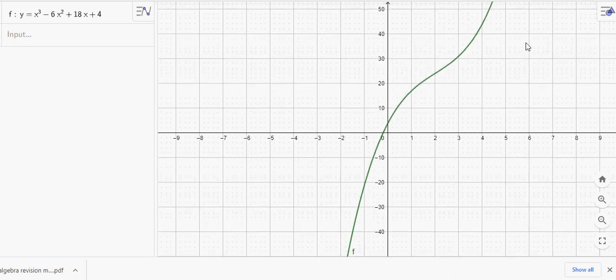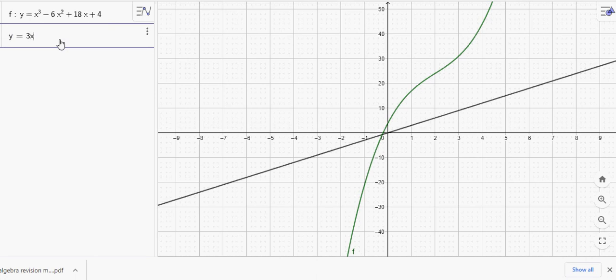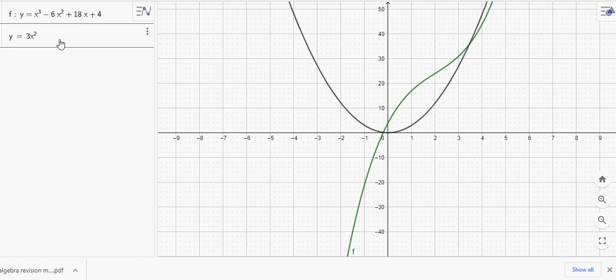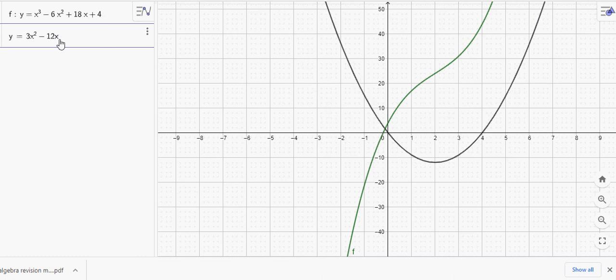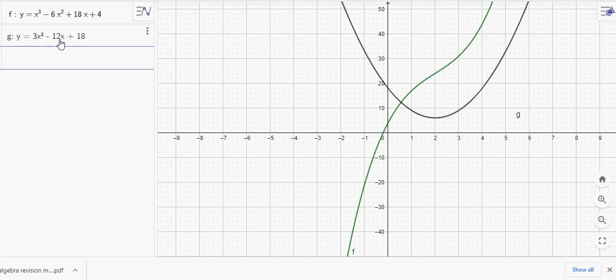There's no turning points, correct? What happens if I graph the derivative? What's the derivative? 3x squared minus 12x plus 18. As predicted, the derivative does not cut the axis because there's no turning points. Everyone cool with that? Right, that's a good one to show you.